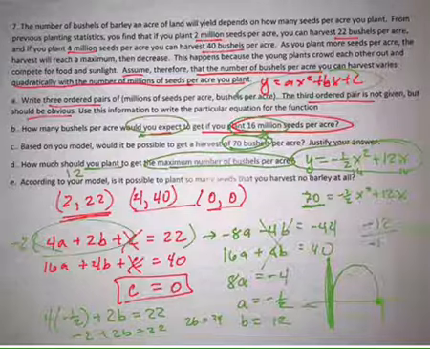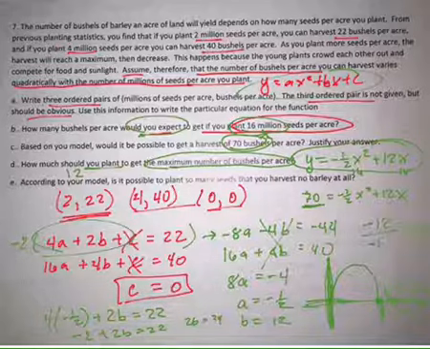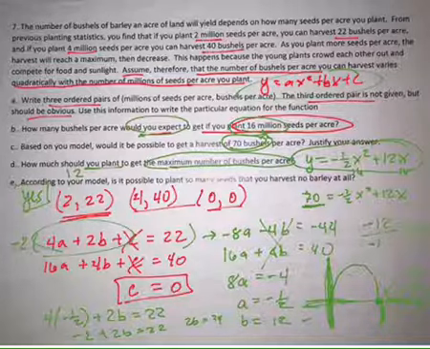So at some point, yes, if you plant too much, you'll harvest negative or none. Really, it's not going to be negative. So yes, it is possible. They didn't ask us to find it, but we can say with confidence that yes, it is possible.